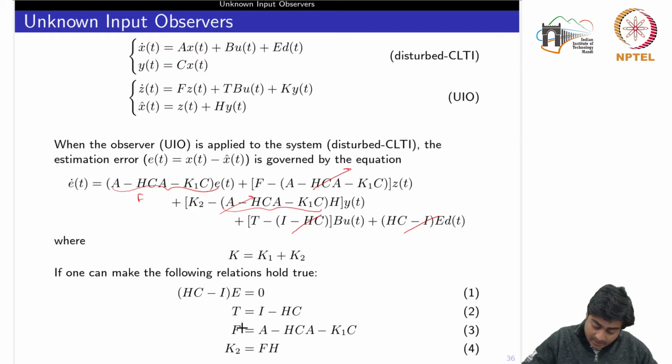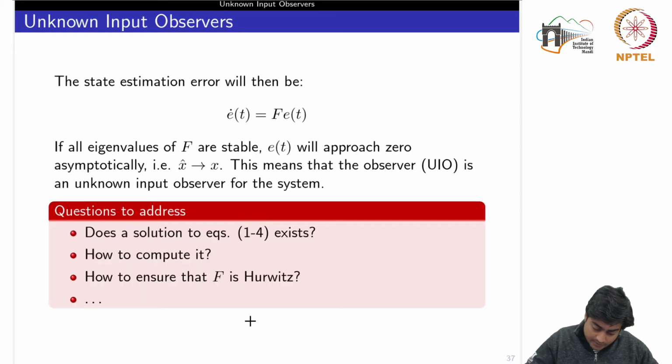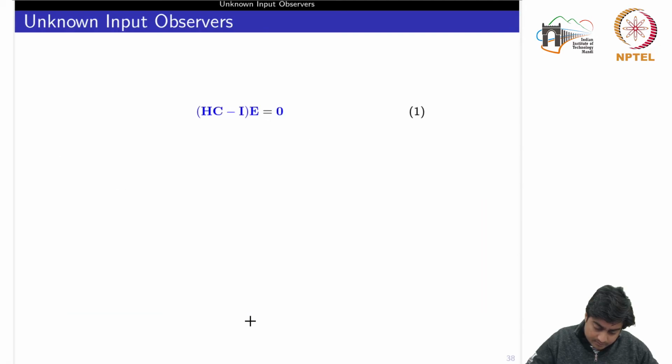This basically comes from this part. So we do not know yet how to design H and K such that F becomes a Hurwitz matrix. We'll see the answer to these questions by taking the equations one by one.